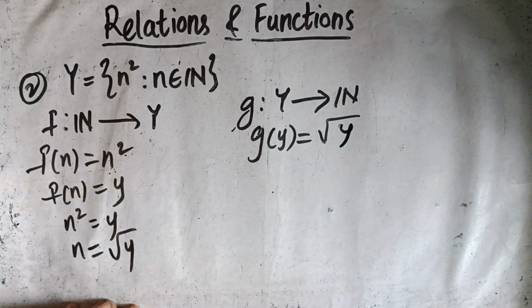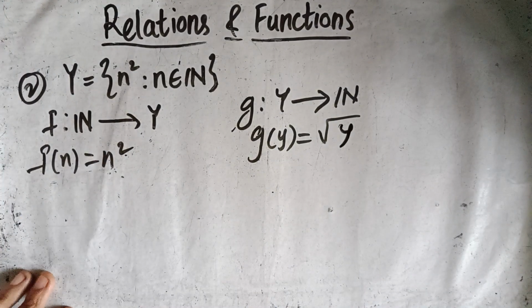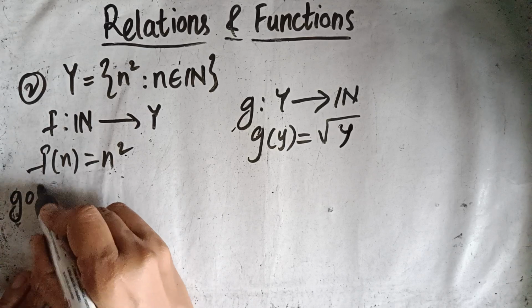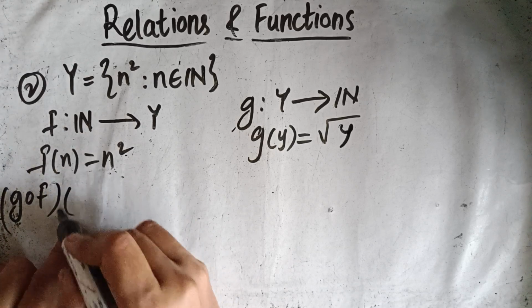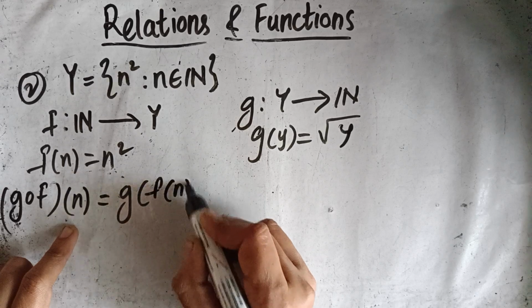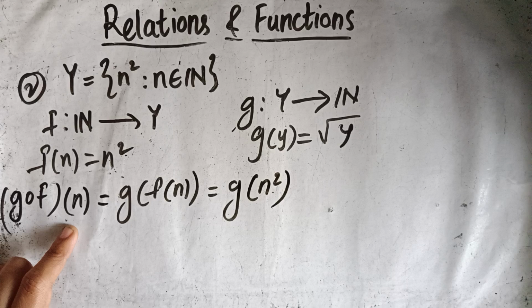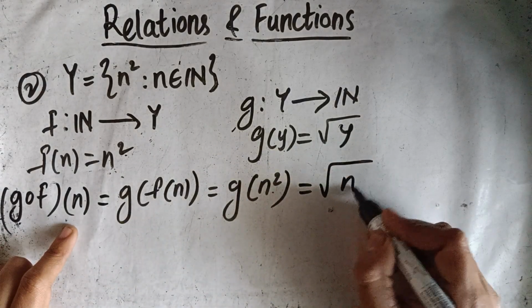So I'll start with g composite f of, in place of x we are putting n, right? Of n, this is n square. So in place of y you have to put this.